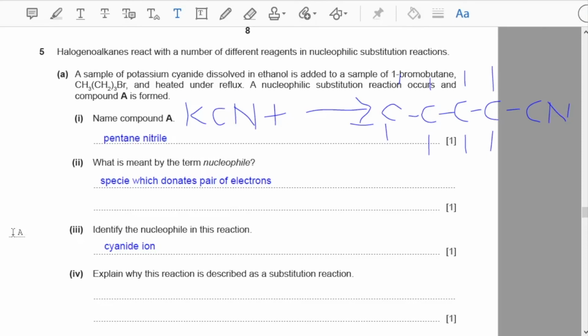Part 4, explain why this reaction is described as a substitution reaction, because the bromide ion from bromobutane is getting replaced by the cyanide ion.